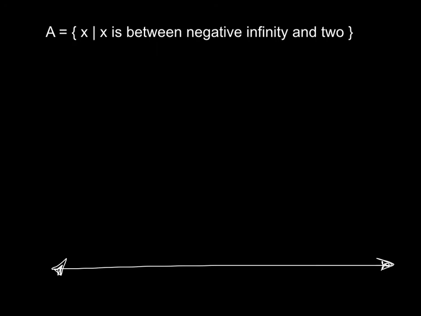And we know we're going to have -infinity and 2. So let's draw 2. And we know it's going to be between -infinity. So we know it's going to go here. And we know it's going to go up to 2.